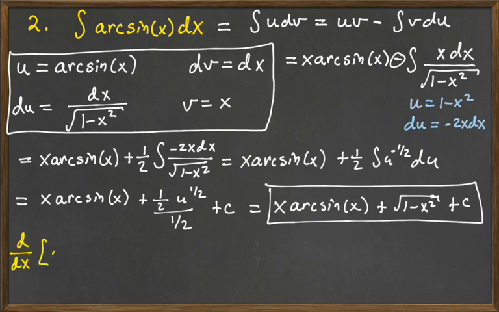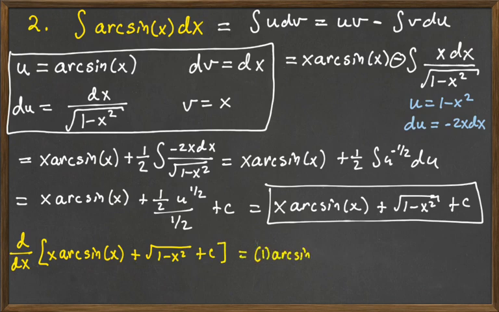So again, if you want to check, we could go ahead and take the derivative to make sure that we did find the correct antiderivative. Okay, so we'll take the derivative. So that's going to be 1 times arc sine of x plus x times 1 over the square root of 1 minus x squared plus 1/2, 1 minus x squared to the minus 1/2 times negative 2x.